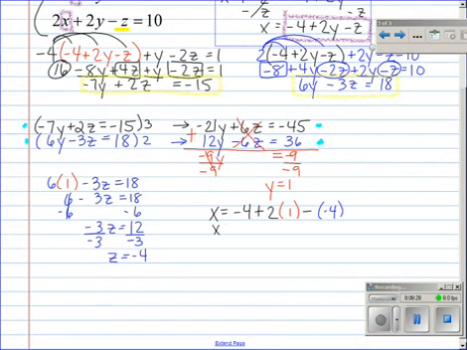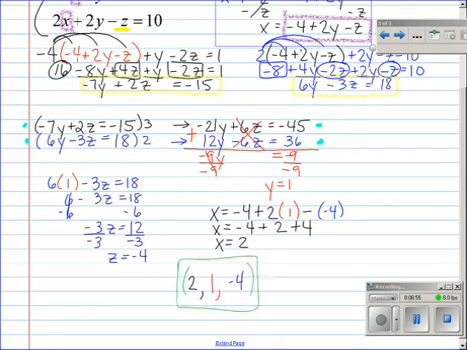That would be -4 plus 2 plus 4, which would just be 2. So my solution here should be (2, 1, -4). That would be my solution for that system of 3 equations.